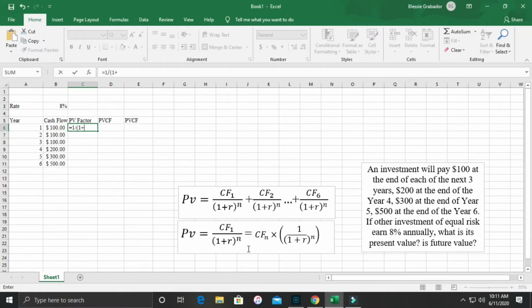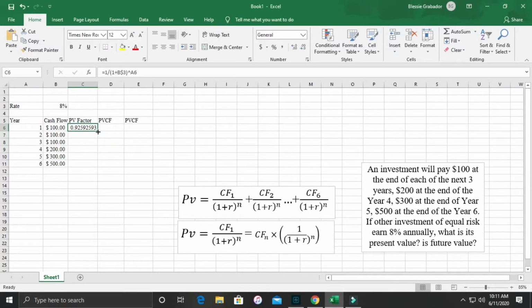So we have this B3, the blue one, raised to the year, the red one. So we've got 0.92593. We just have to drag this down for the easiest way.